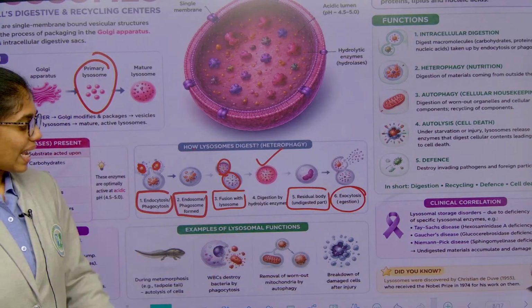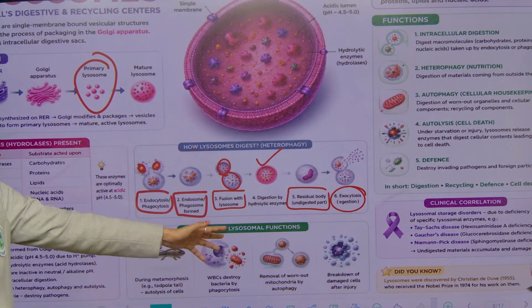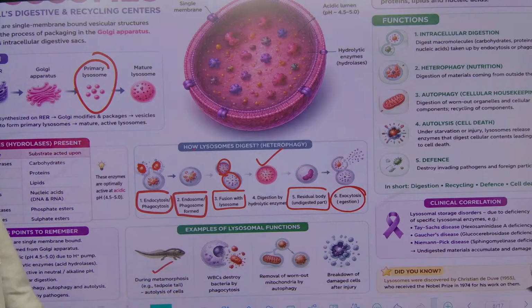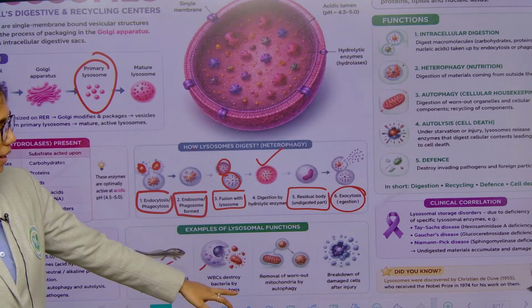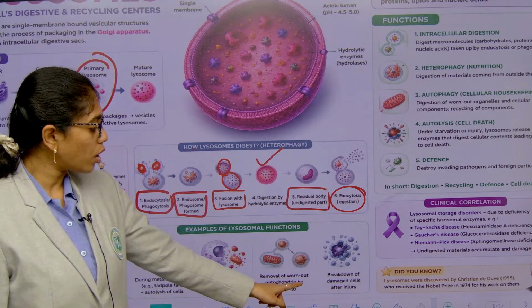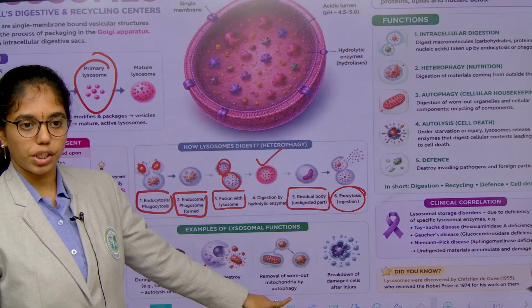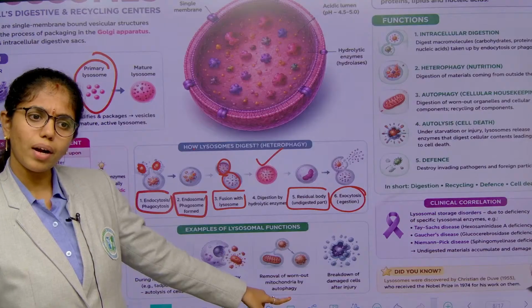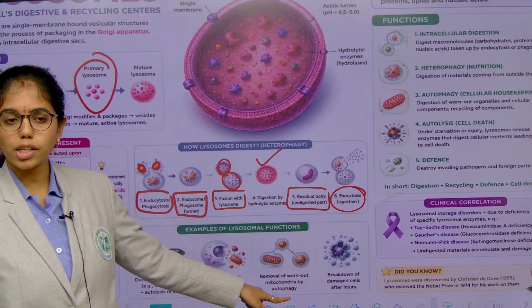What are the other examples for lysosomal functions? They include, first, metamorphosis. WBC destroy bacteria by what? Phagocytosis. And removal of worn out mitochondria by autophagy. Any dead cell particles inside the cell will be removed by what? Lysosomes only. That is why they are called what?